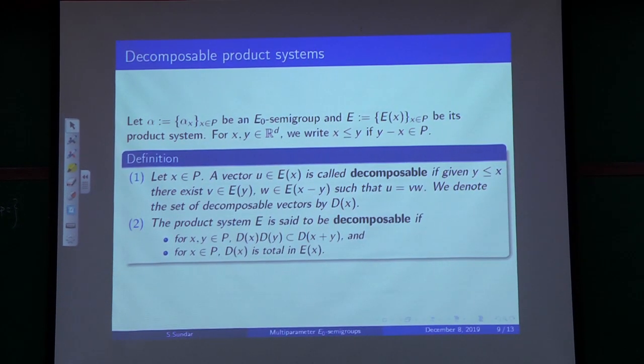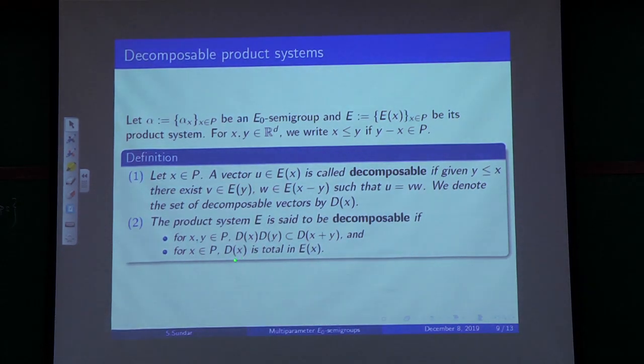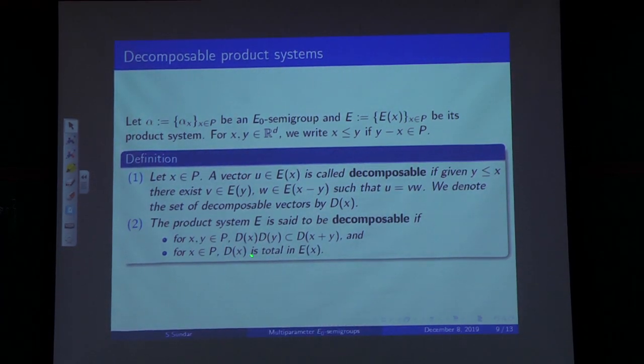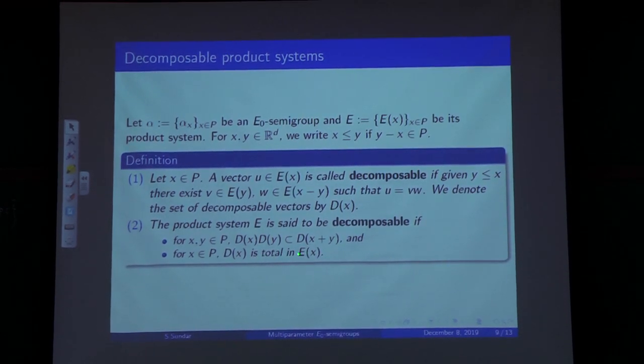The product system is said to be decomposable if you take the product of two decomposable vectors, it's again decomposable, and the set of decomposable vectors is a total set in Ex. That is, the span closure is the whole Ex. The first condition is not there in the one parameter case. In the one parameter case, this will follow from the definition because the ordering that you have is a total order.